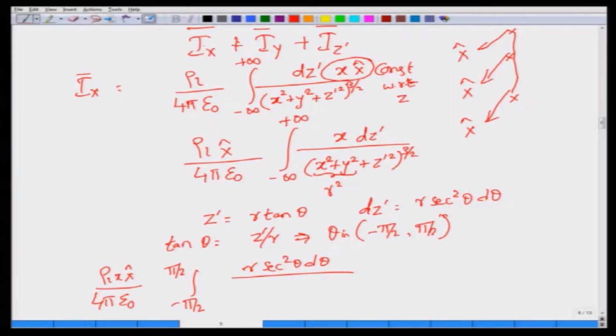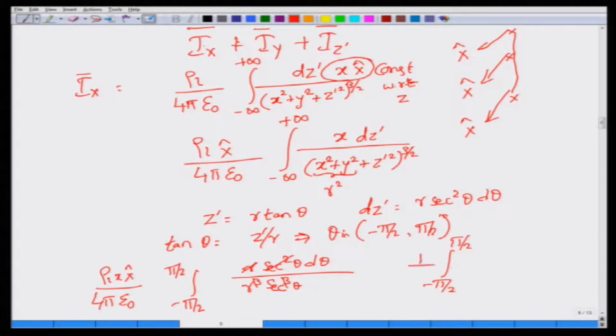So r square is a common factor, I can take that out. 1 plus tan square theta is secant square theta, and there is a power of 3 by 2 that you have to raise both of them to. So that leaves you r to the power 3 secant to the power 3 theta. One r cancels out with the r in the numerator, secant square theta cancels out with secant square theta in the denominator, leaving the integral from minus pi by 2 to plus pi by 2.